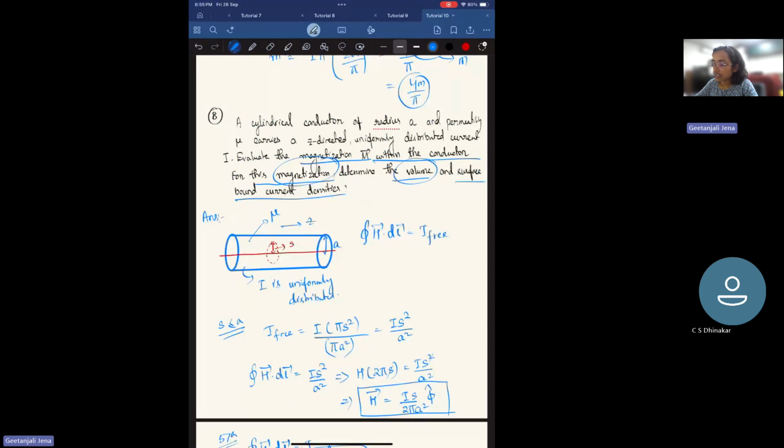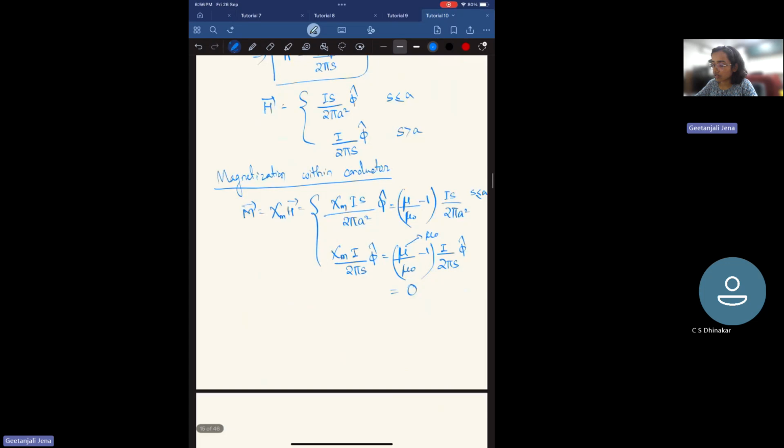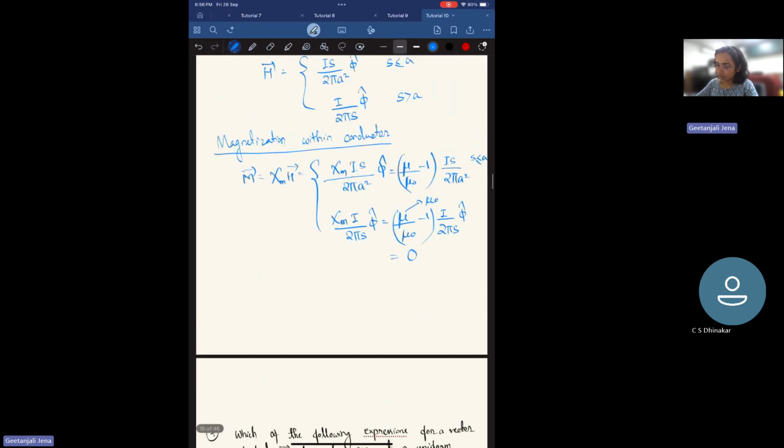Then we need to calculate what is the volume and surface bound current density, which is quite easy because we know the magnetization now. So volume current density, J bound due to magnetization.